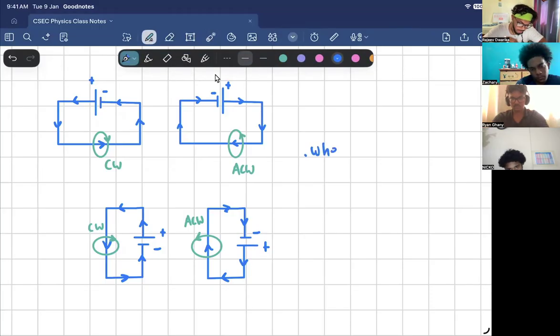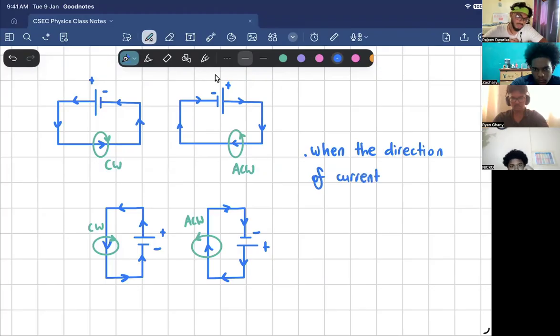When the direction of the current changes, what also changes? The magnetic field. Nikolai, would you agree?